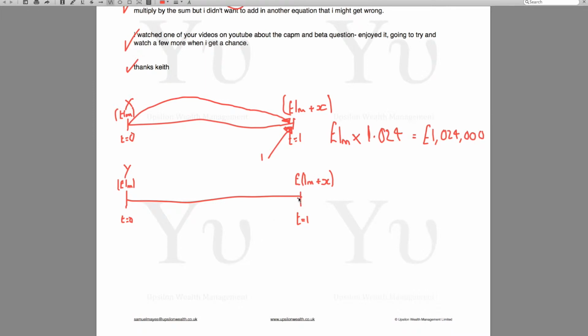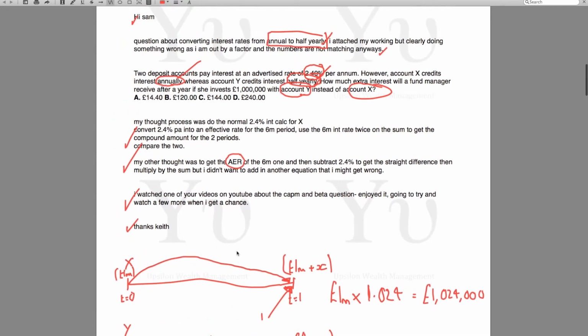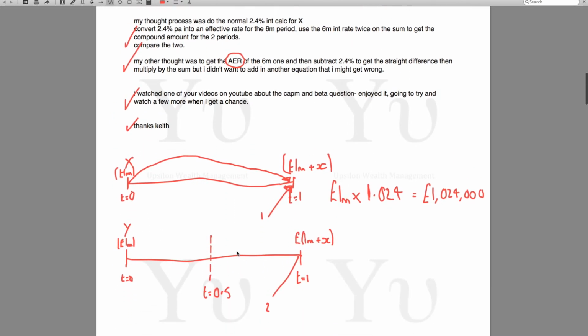we've actually got 2 compounding periods. Why have we got 2 compounding periods? Well, let's have a look. We are told that when t equals 0.5, we have the interest paid to us. Let's think about this.